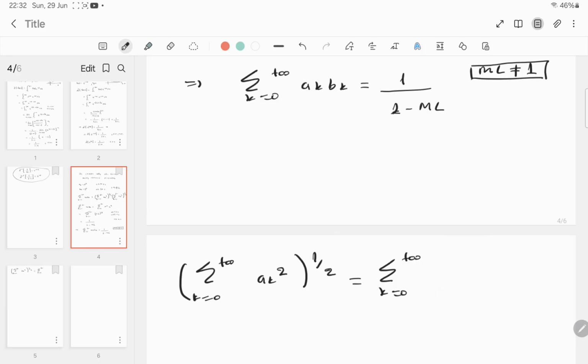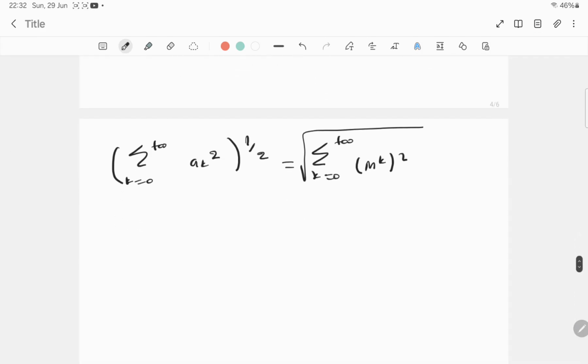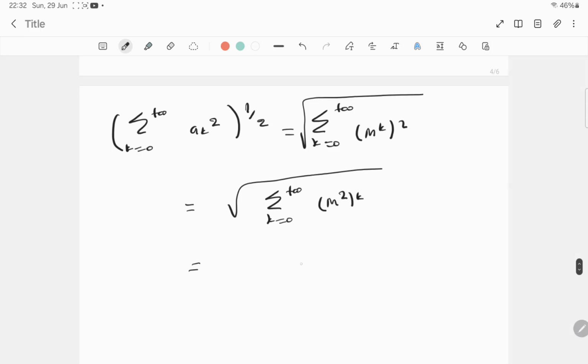So we have m to the power of k, squared, and we take the square root of that quantity. That is m squared, and the whole to the power of k. And that is an infinite geometric series, 1 over 1 minus m squared, square root of that, so that's going to be 1 over the square root of 1 minus m squared.